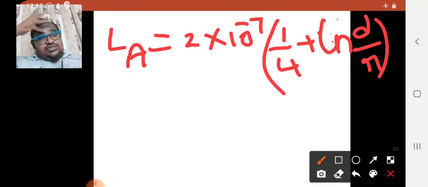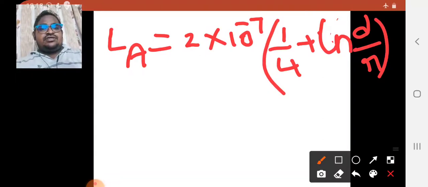This is the expression for the inductance of the solid wire, that is, a single solid wire.